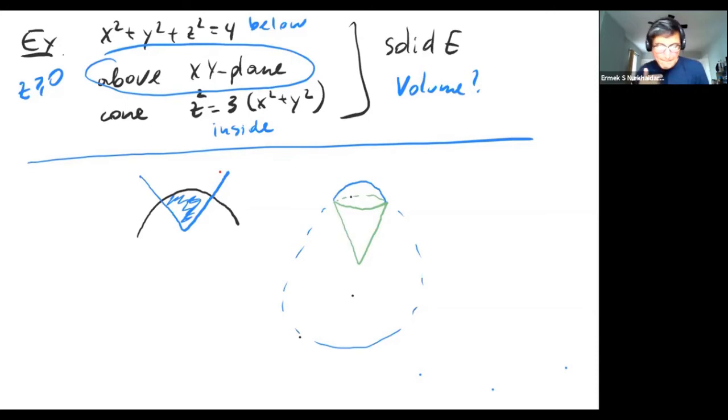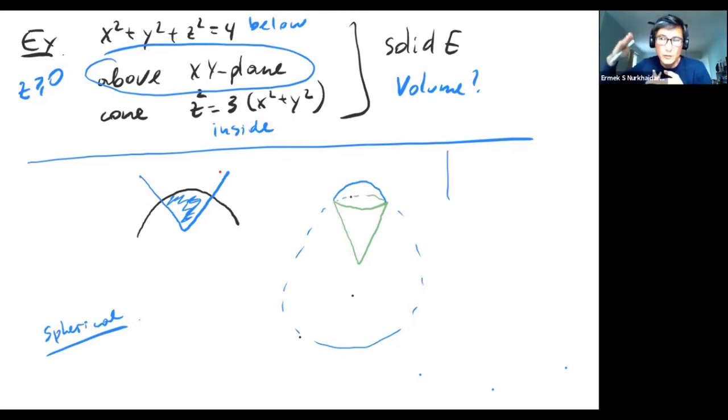So we try to switch to spherical. Let's rewrite all the equations in terms of spherical. X squared plus y squared plus z squared is the distance toward the point squared.